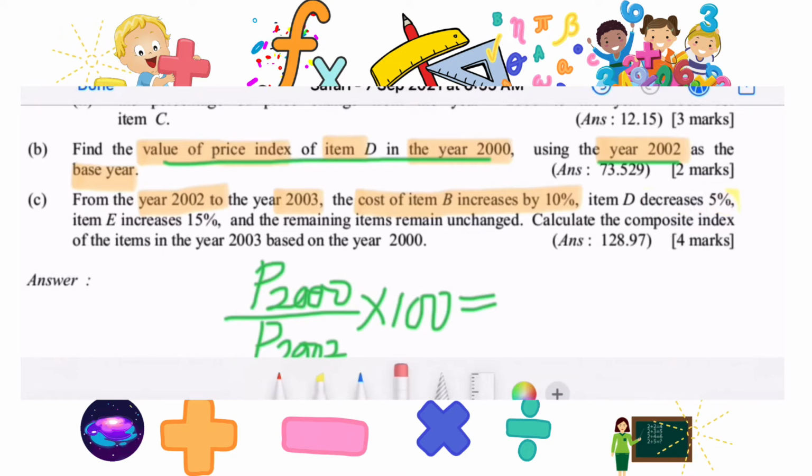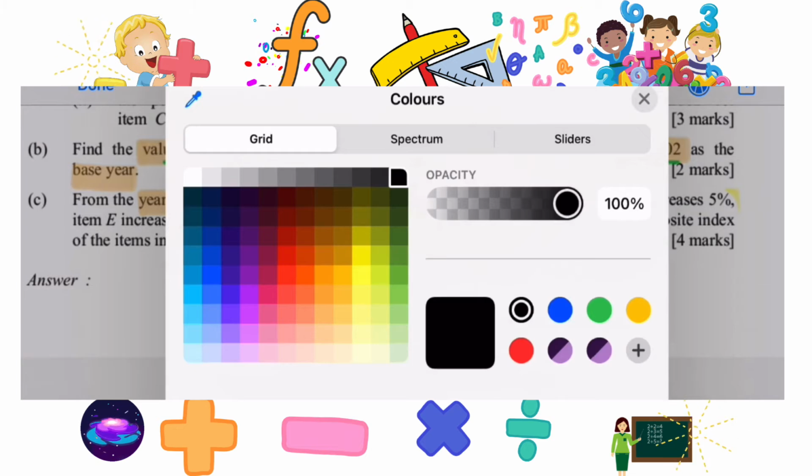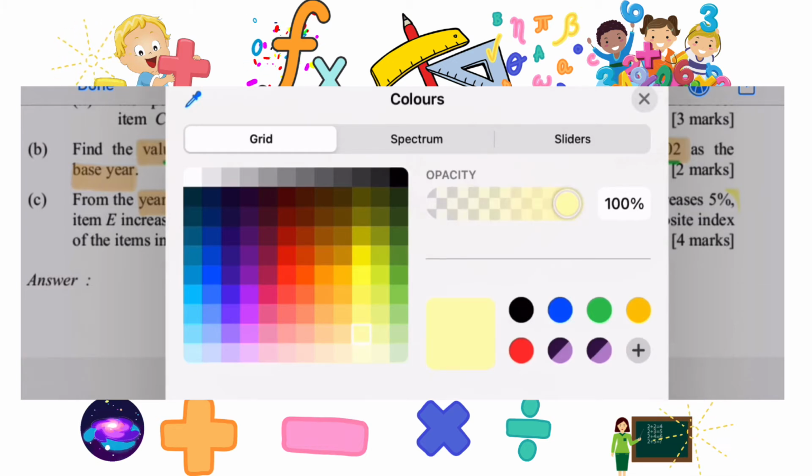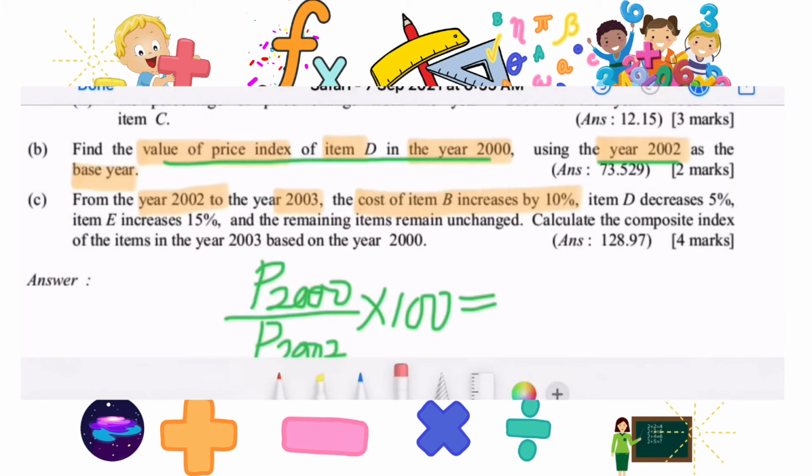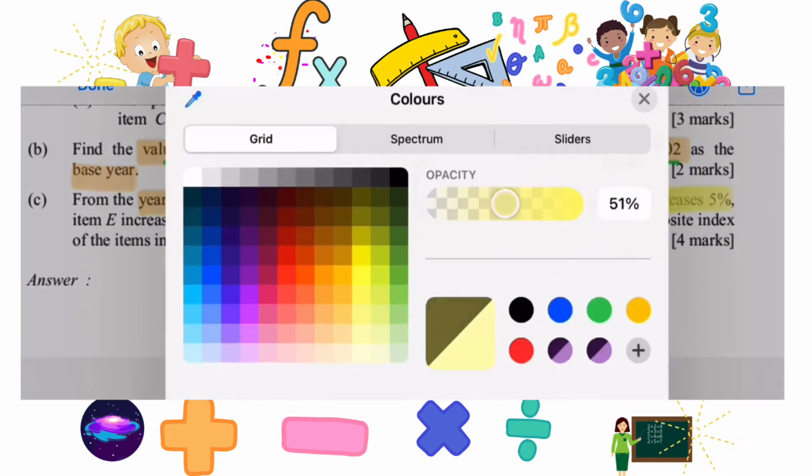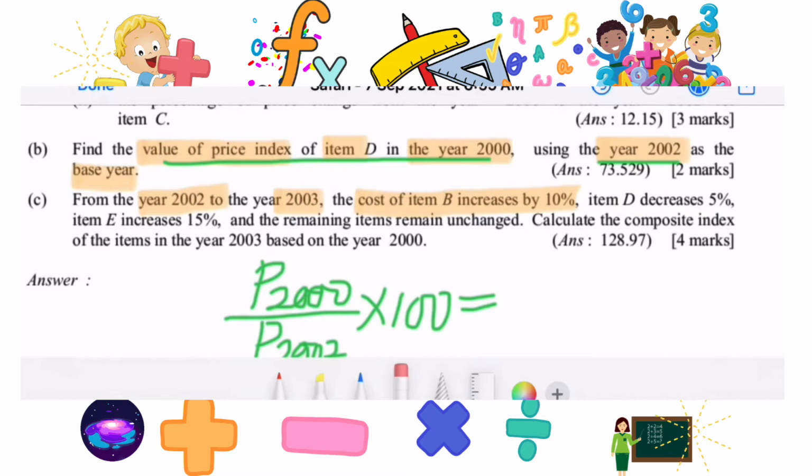Okay, item D we know is increased by 5%. So let's highlight item D increased by 5%. And then item E is 15% and the remaining unchanged. Calculate the composite index for the items in 2003 based on 2000.